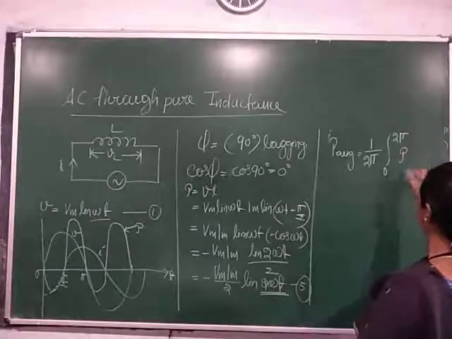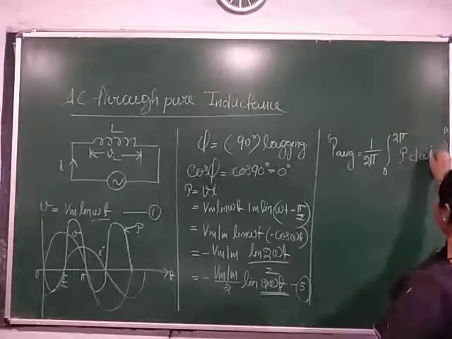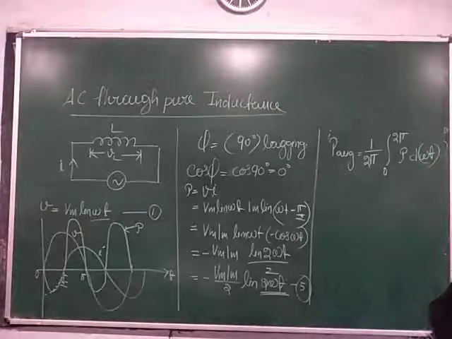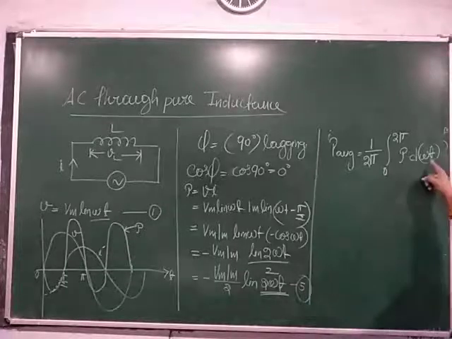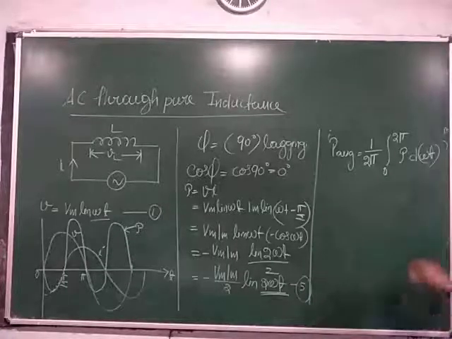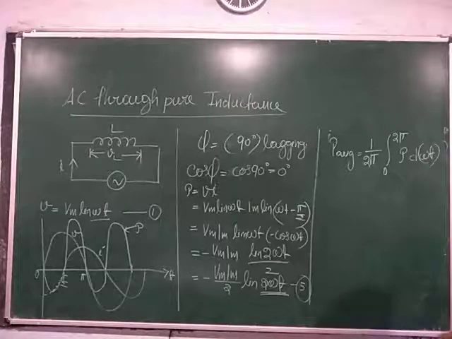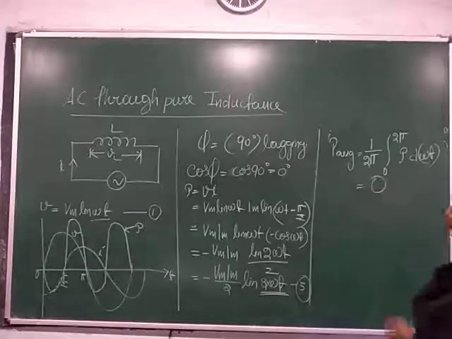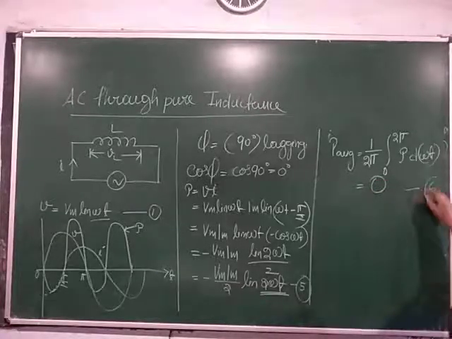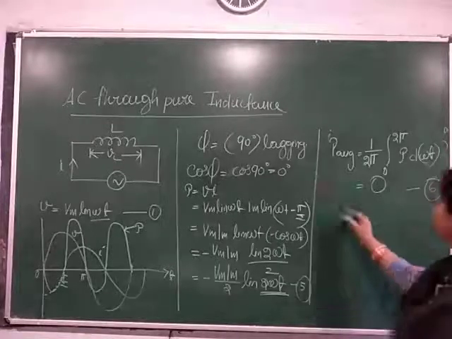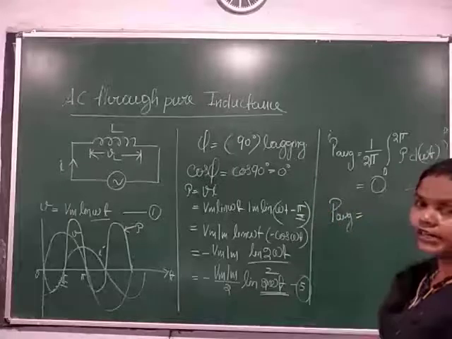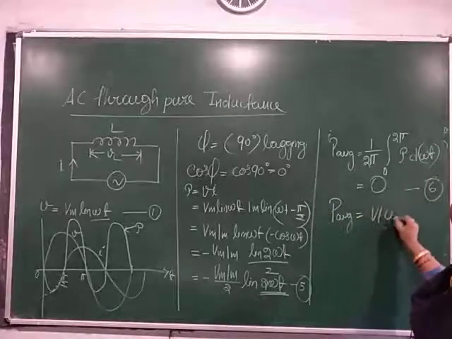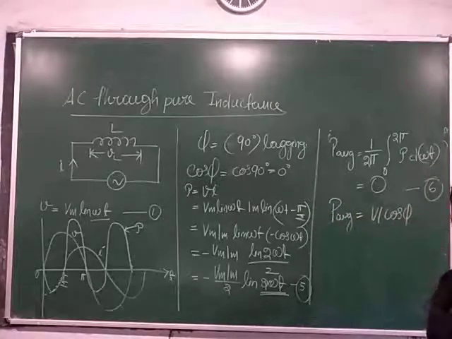You integrate the instantaneous power with respect to omega t. If you integrate equation 5 with respect to angular displacement omega t, you get it is 0. Take it as equation number 6. Or simply you find the average power consumed by the inductive coil is VI cos phi.